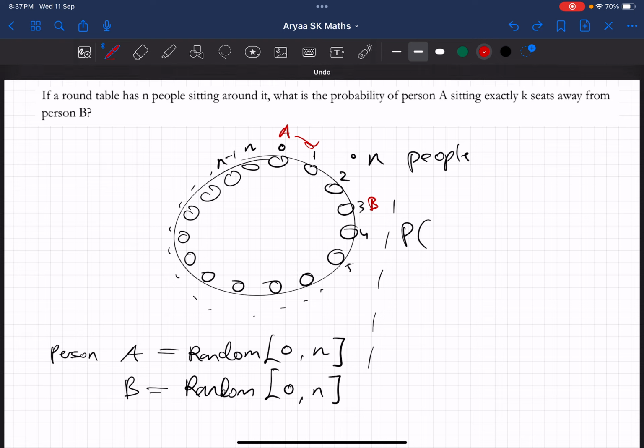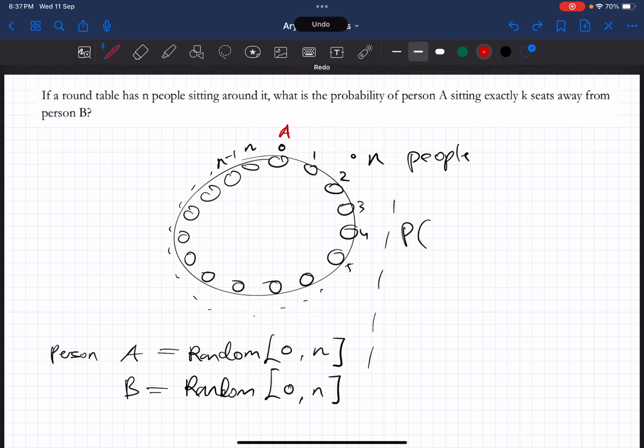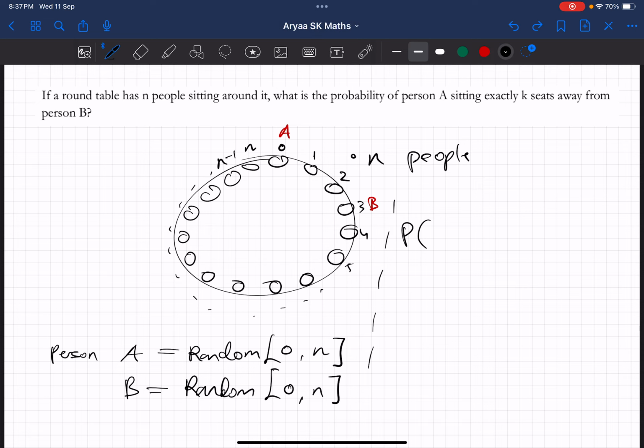So what we're saying is we want the absolute difference between A and B to be equal to k. All right, there we go.